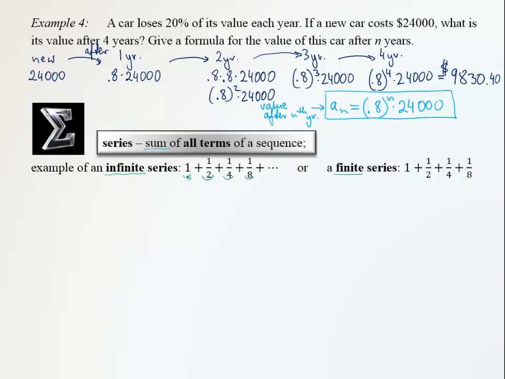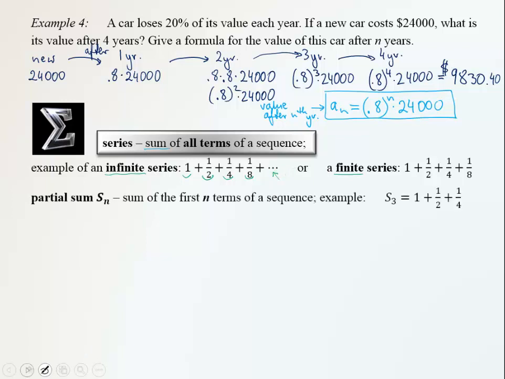How do we know that this is infinite? Well, because of these 3 dots. It goes towards infinity. And sometimes we may be interested in summing only a certain number of terms, creating partial sums. Those partial sums will be denoted with subindex n, where n will tell us how many terms we're going to sum.